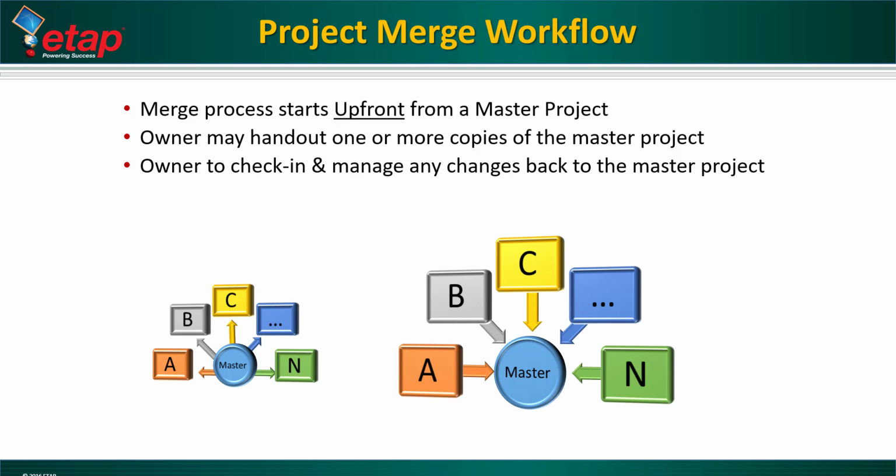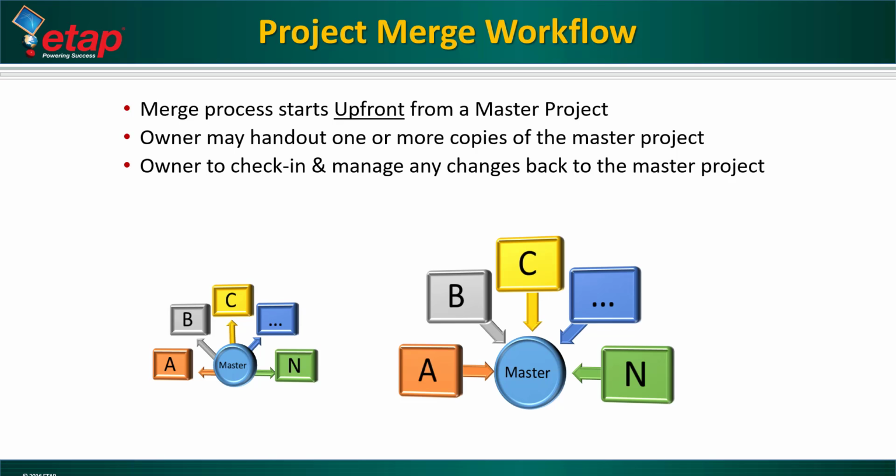Once the consultants go over the scope of work for the designated section, they will in turn save the model as an OTA file, and we're going to go over that process. They'll hand this OTA file, which contains the database and any newly created TCCs or expansions of the one-line diagram, back to the owner.